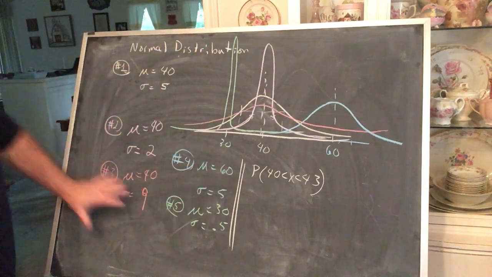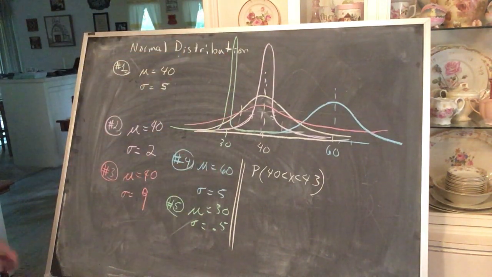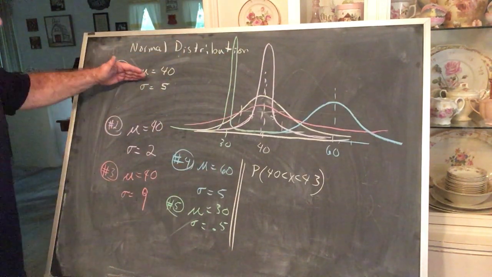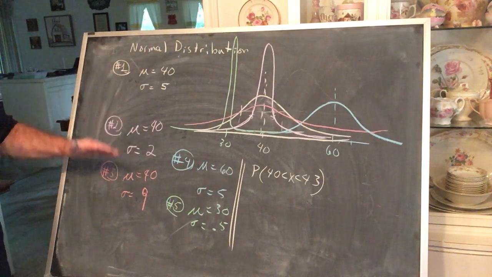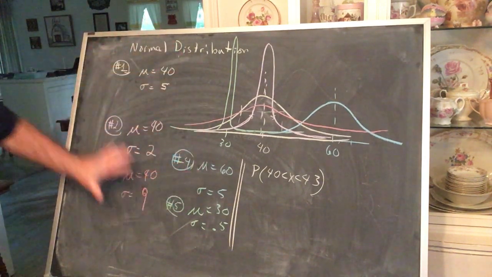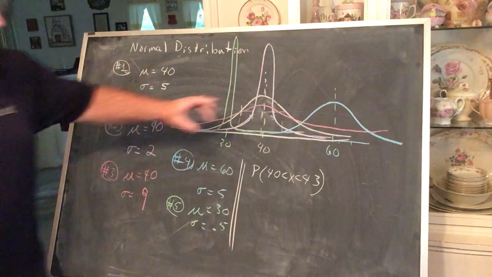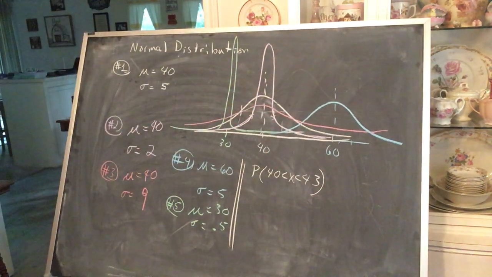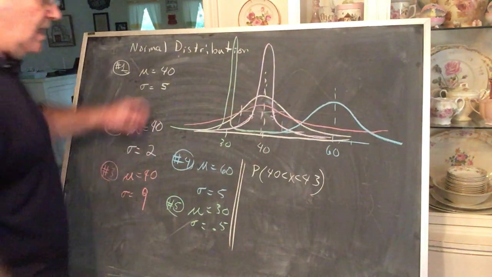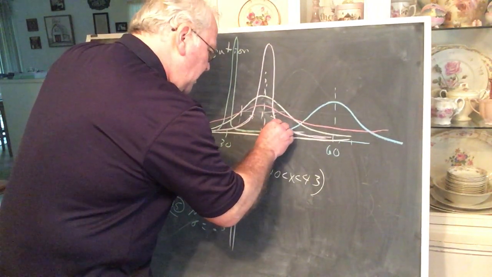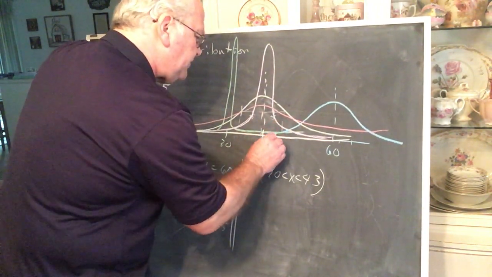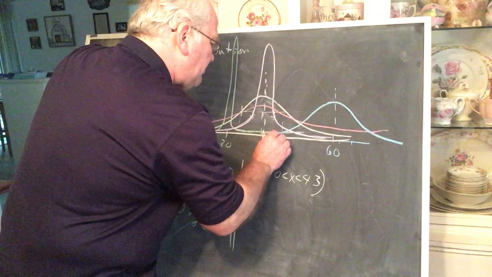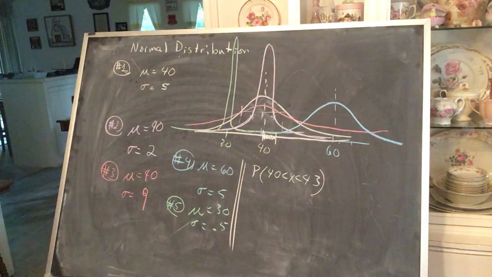In each of these scenarios, each of these researchers wants to know: what is the probability that in my population I obtain a value between 40 and 43? Well, here's 40, here's 43, let's say. So I want to find a value that's in that interval.